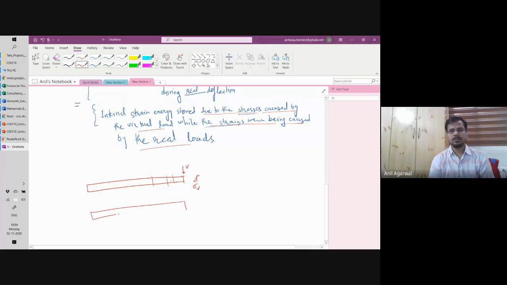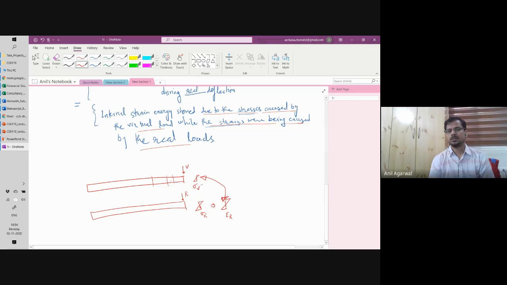Now this time it gets some sigma real, and as a result of that, it gets strain real. These strains are multiplied by these stresses.